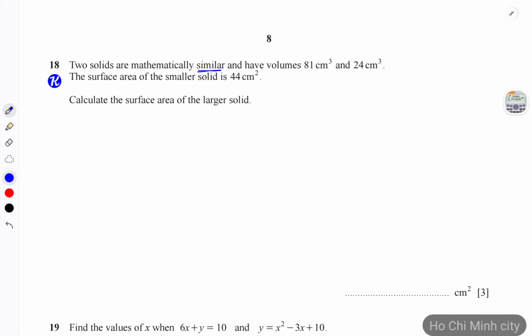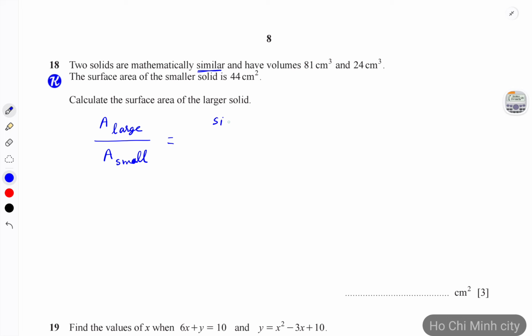All right, so because they are similar, we have this equation. The area of the larger solid divided by the area of the smaller solid is equivalent to the square of the ratio between the sides.